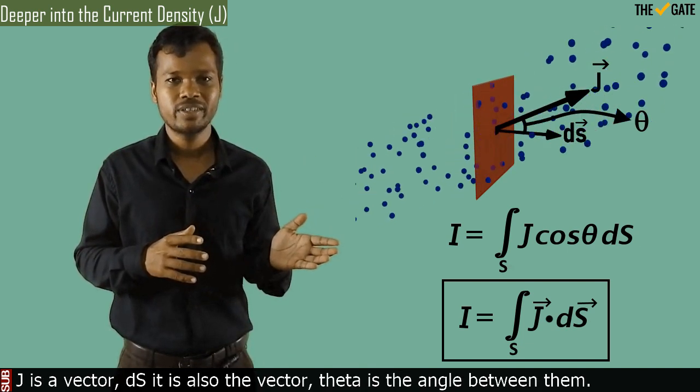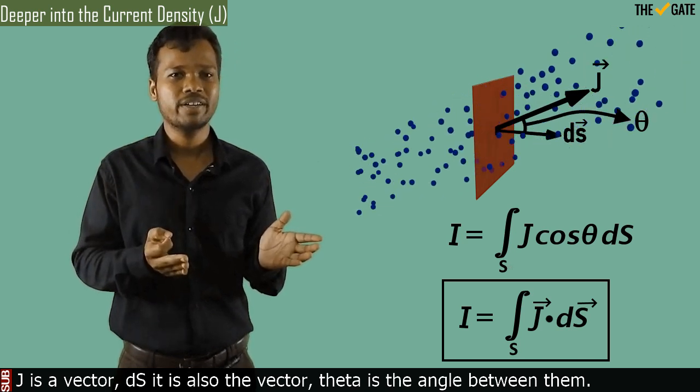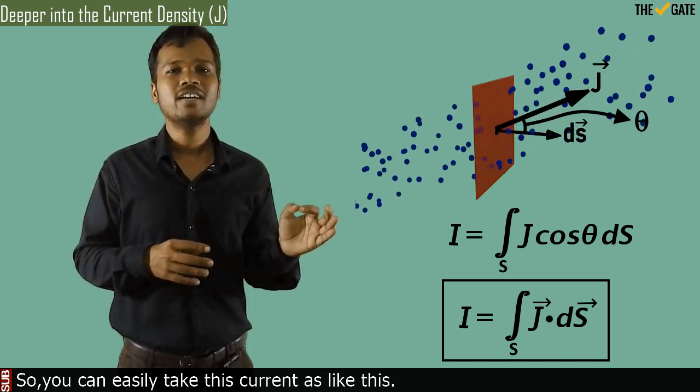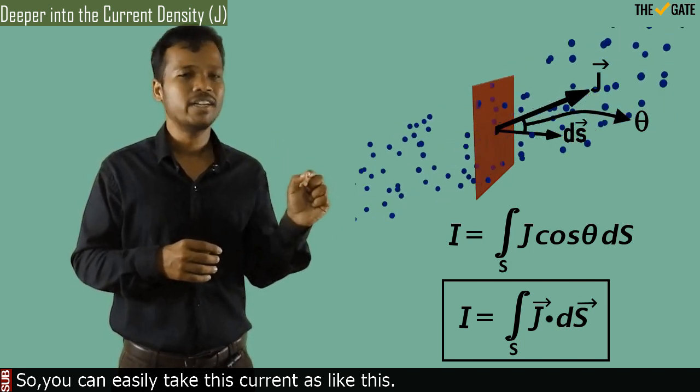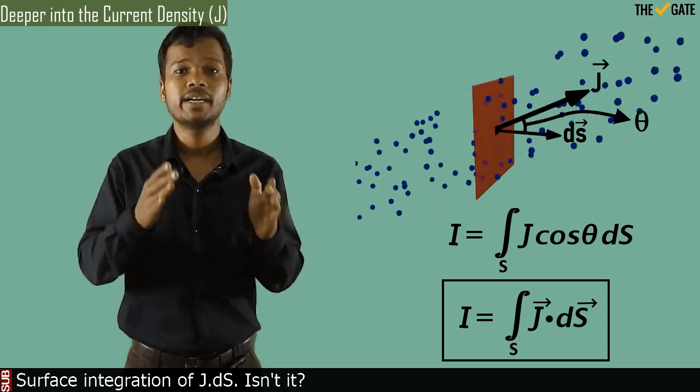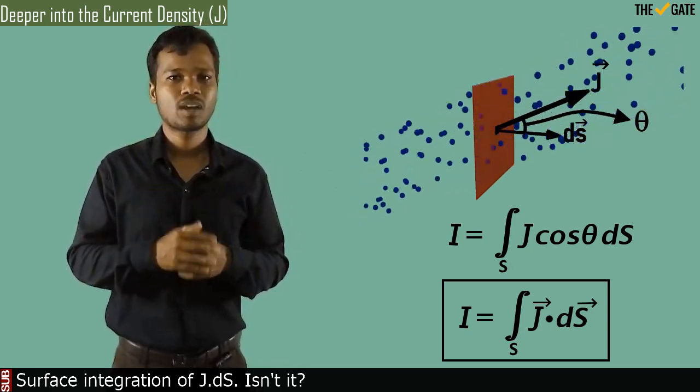J is a vector, ds is also a vector, theta is the angle between them. So you can easily take this current as the surface integration of J dot ds, isn't it?